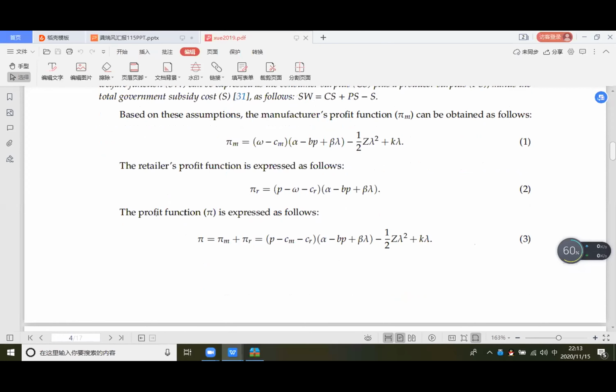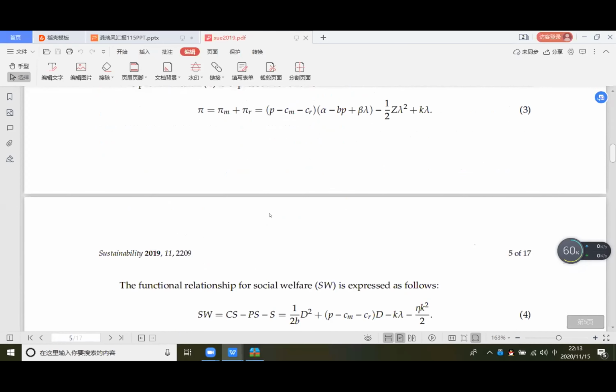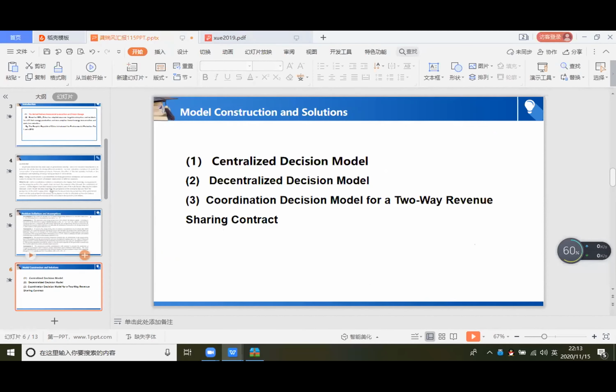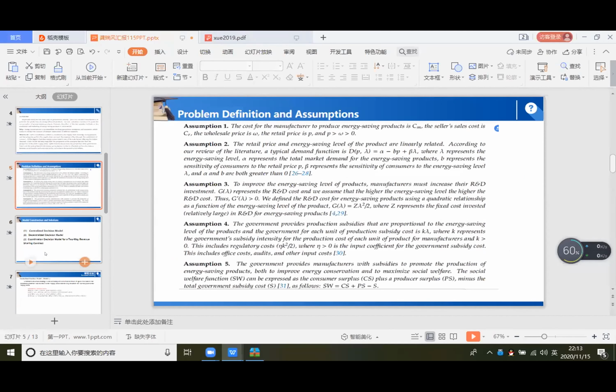The profit function is expressed as follows.